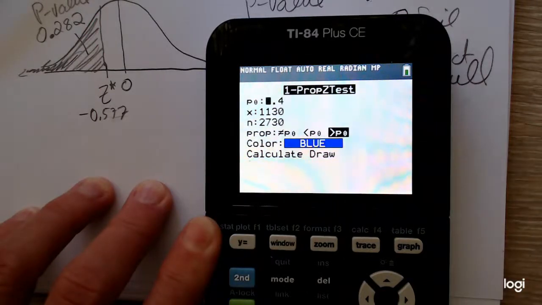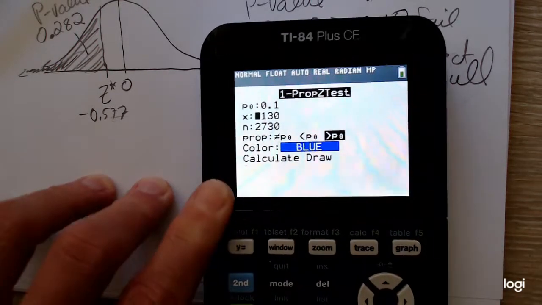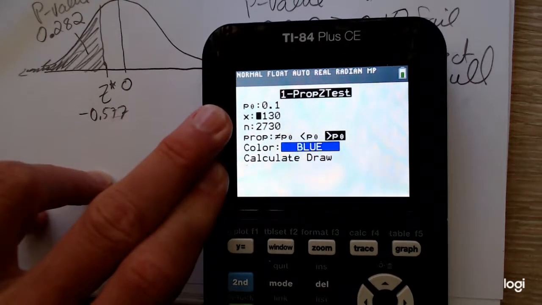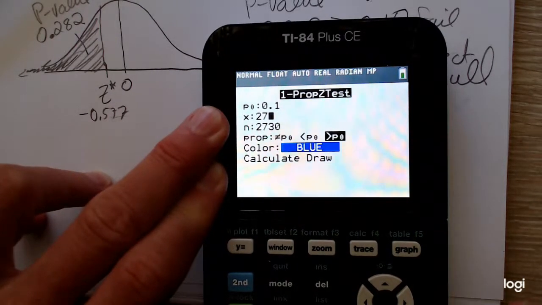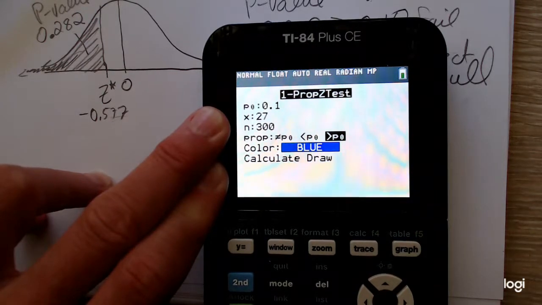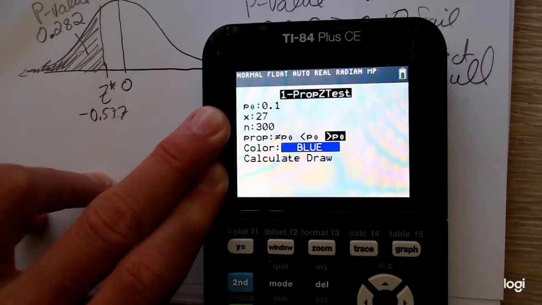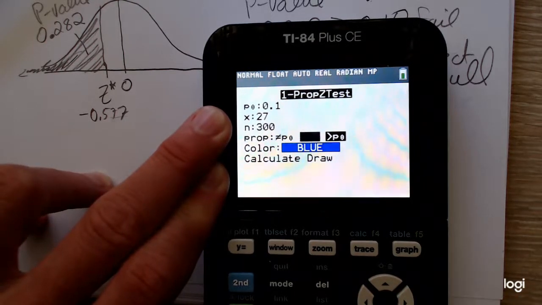Put in the claimed parameter, 0.1. The number of successes is x, that was 27. Our sample size was 300. I want to change this alternative to match the problem, otherwise you will not get the correct p-value. This was a lower-tailed test.